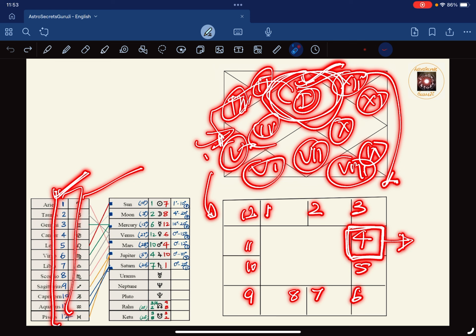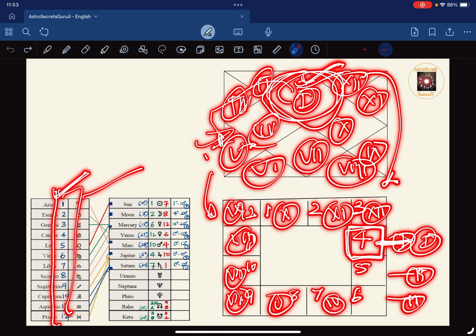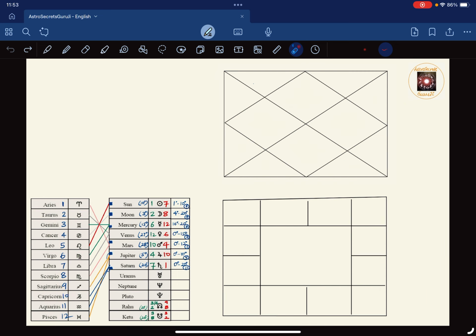In this particular case, this is how you will start counting the houses. This is your first house, second house, third house, fourth house, fifth, sixth, seventh, eighth, ninth, 10th, 11th and 12th houses, right? That's the basic difference.